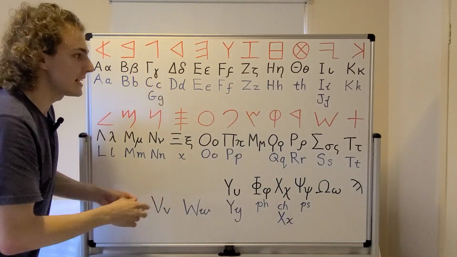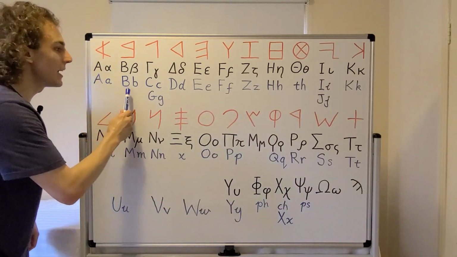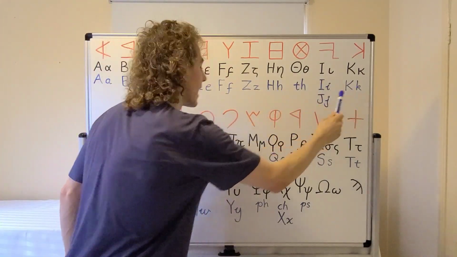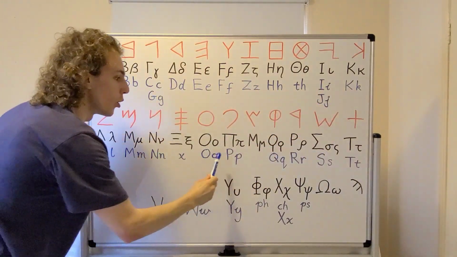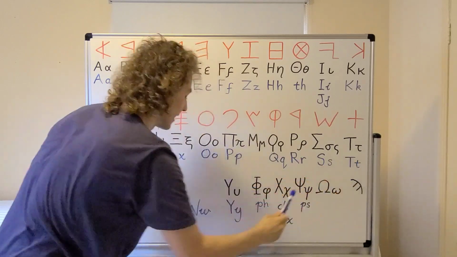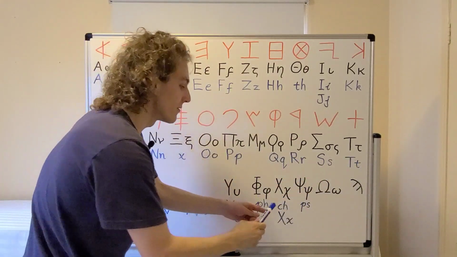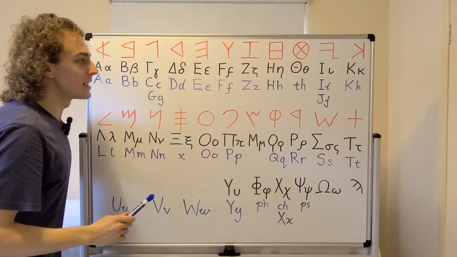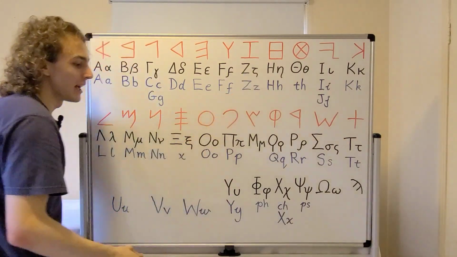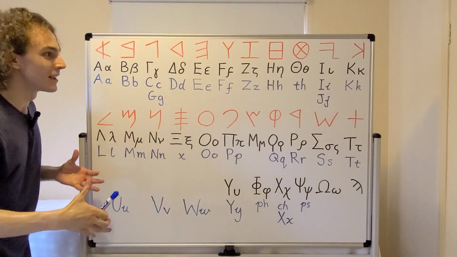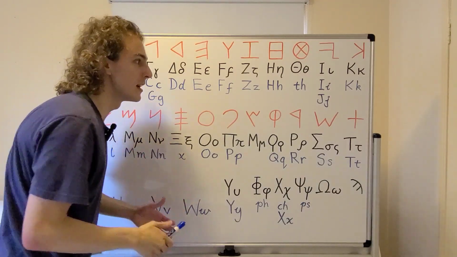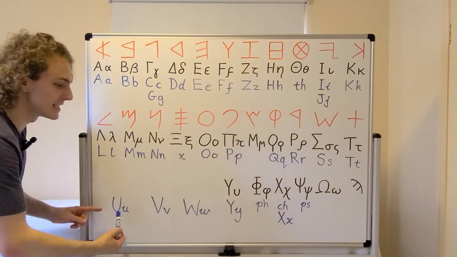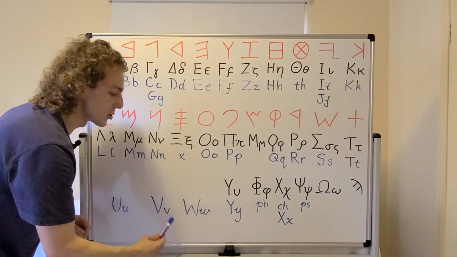So the classical Latin pronunciations would be A, B, K, D, E, F, G, H, I, K, L, M, N, O, P, Q, R, S, T, U, and then we have X, and we also have Y, and finally zeta. But we've seen that there have been some changes, and now we're dealing with the modern Latin alphabet, and so I and J are distinct letters, and U and V are also distinct letters, and this W was also added.